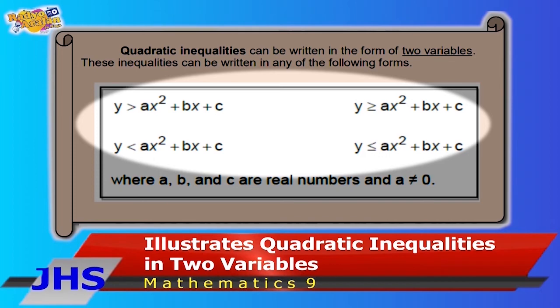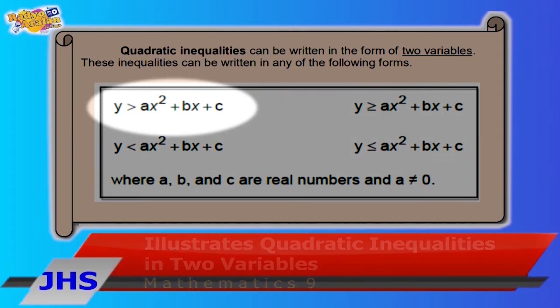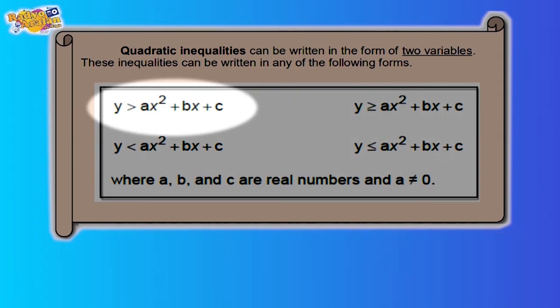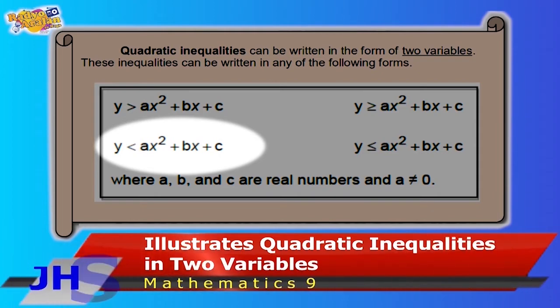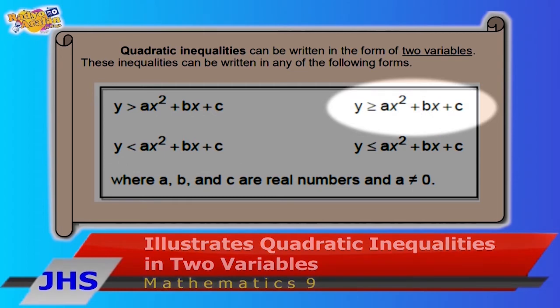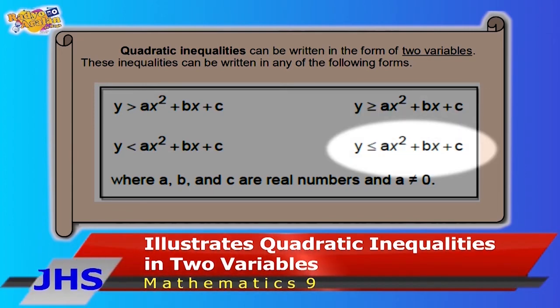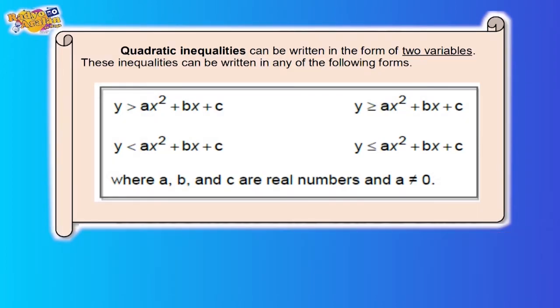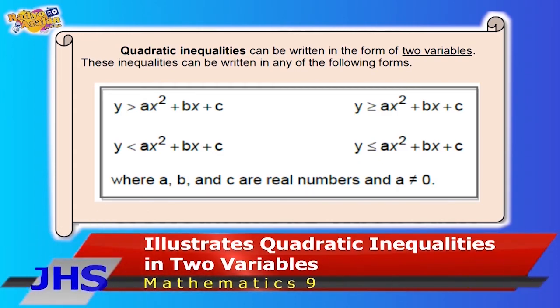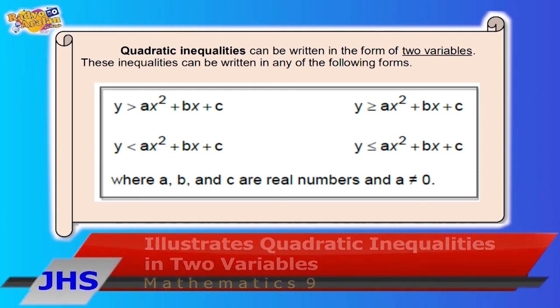These inequalities can be written in any of the following forms: y is greater than ax squared plus bx plus c, or y is less than ax squared plus bx plus c, or y is greater than or equal to ax squared plus bx plus c, or y is less than or equal to ax squared plus bx plus c, where a, b, and c are real numbers, and a is not equal to 0. Let us study the following examples of quadratic inequalities in two variables.